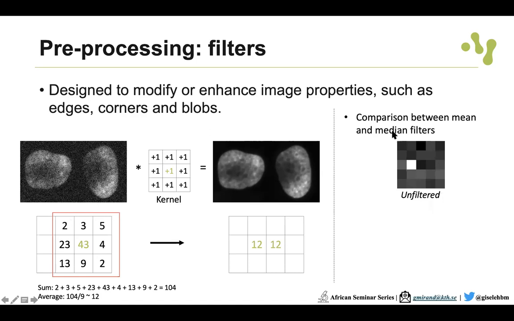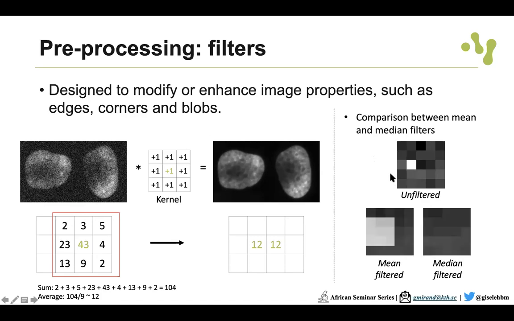The median filter is especially useful for what we call salt and pepper noise, where we have a region that is predominantly dark and a single white pixel. We want to filter this out. If we apply the mean filter, these values will be averaged. But if we apply the median, this value will be filtered out, because it is the highest value of this neighborhood.